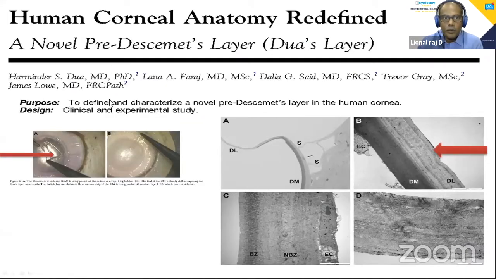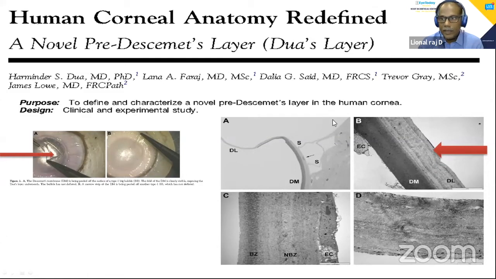So it was in 2014, Dr. Harminder Dua demonstrated existence of a new layer in the cornea. You see here, the cornea has been bubbled. This is the endothelium and the Descemet's. And after the endothelium and Descemet's, you still see a layer of tissue between them and the stroma.